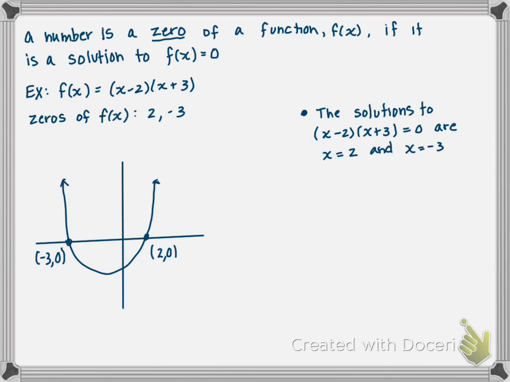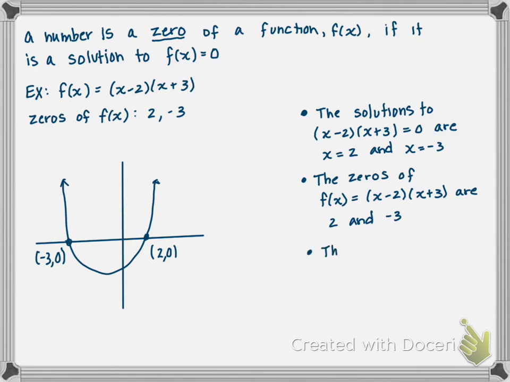Okay. And then the zeros of f of x equals x minus 2 times x plus 3 are 2 and negative 3.